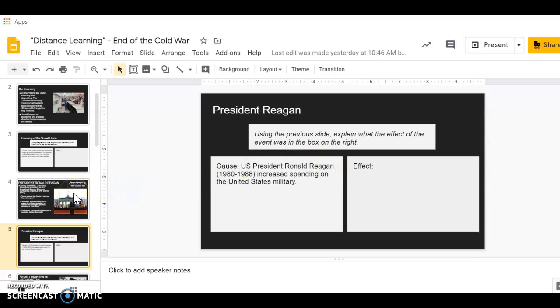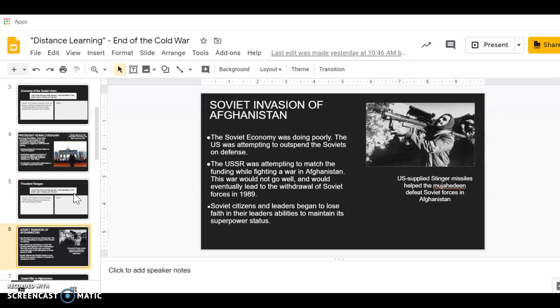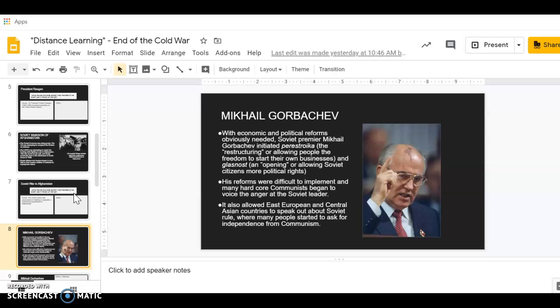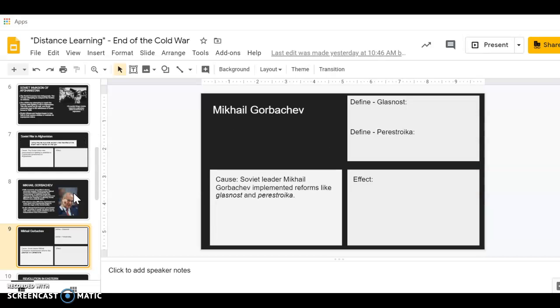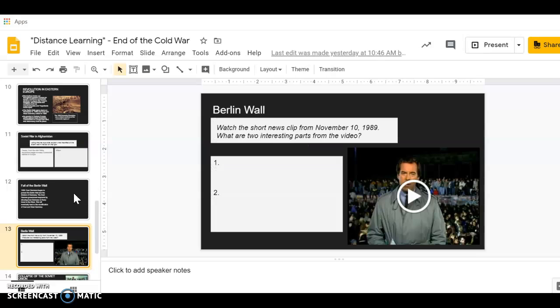There are definitely some different things that happen with the United States president. There are some different invasions and some wars and things in other countries that the Soviet Union and United States were a little bit involved in. And then you're going to see the fall of the Berlin Wall.